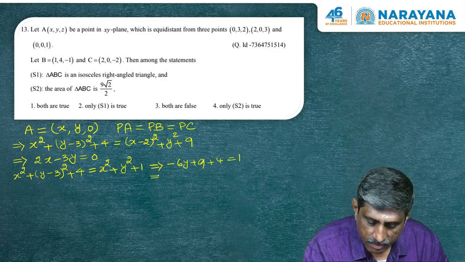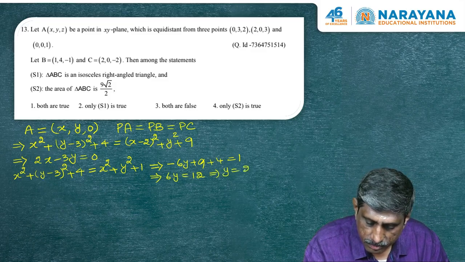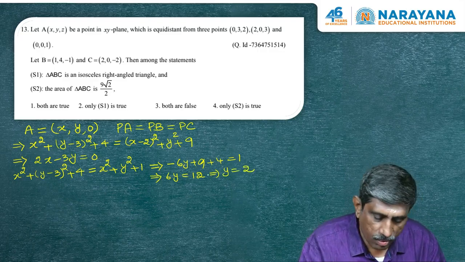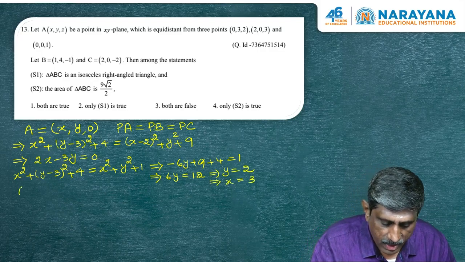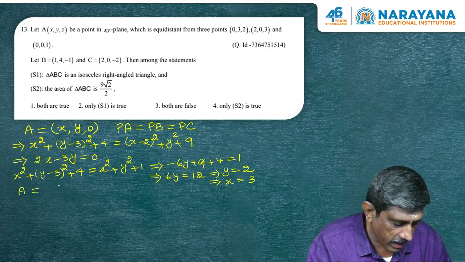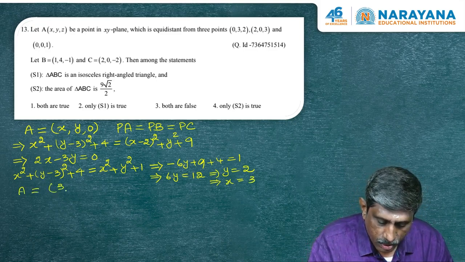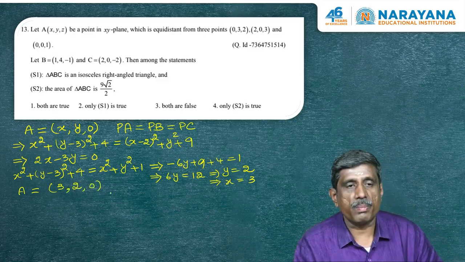So, we get 6y is equal to 12, y is equal to 2. From this, x is equal to 3, automatically we are getting x is equal to 3. Therefore, the point A is clearly 3, 2, 0, because it is a point on the xy plane.